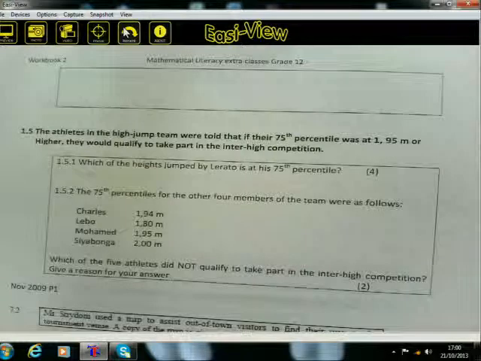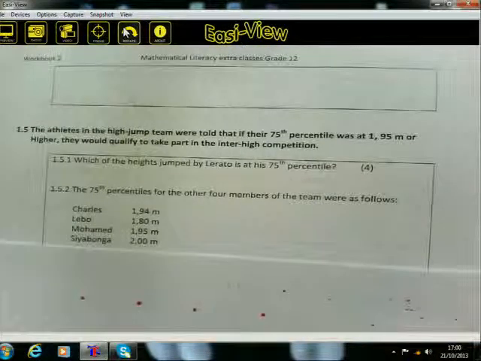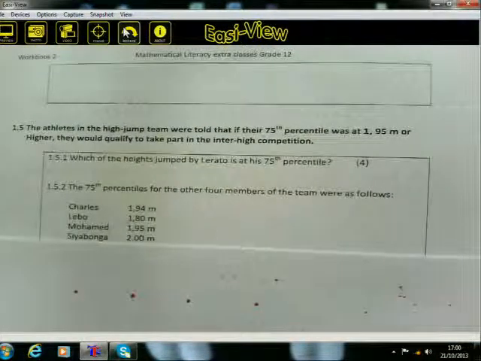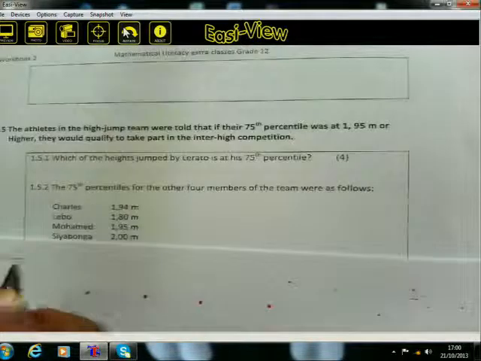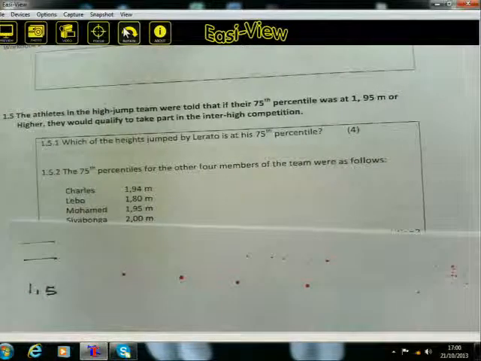Then we are moving to 1.5. Remember, after answering any question, you must skip a line. Please skip a line. Then we are going to 1.5.